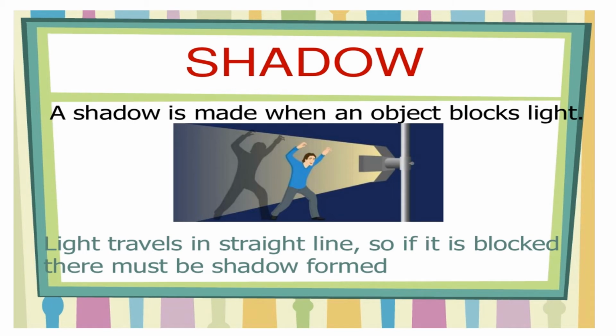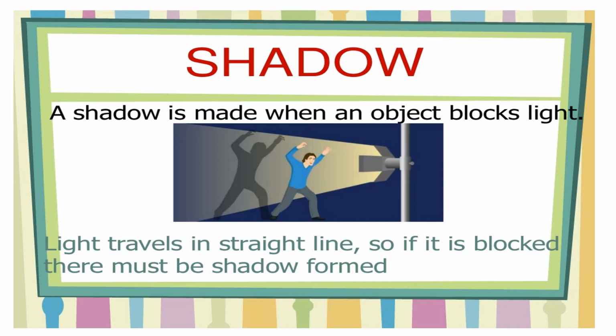A shadow is made when an object blocks light, like the example we can see here. The man is blocking the light and a shadow is being formed behind him.